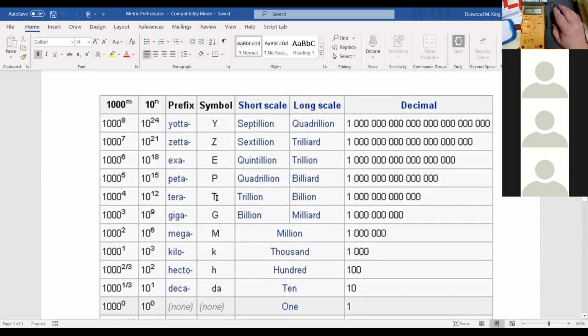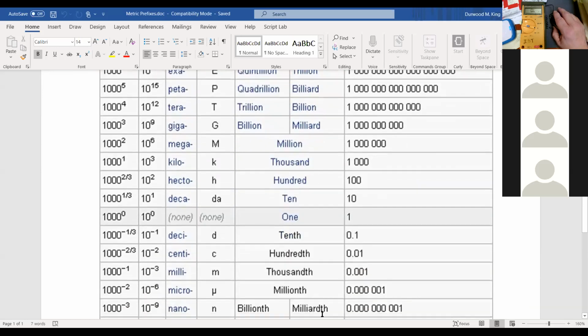And then hard drives are getting very large in terabytes, external hard drives, and a terabyte, T, would be a trillion bytes of data. So a 1 and 12 zeros. Anyway, this is a handy chart to go by.